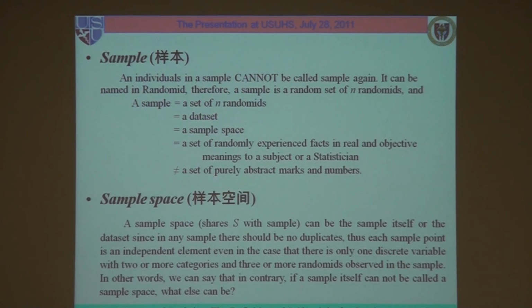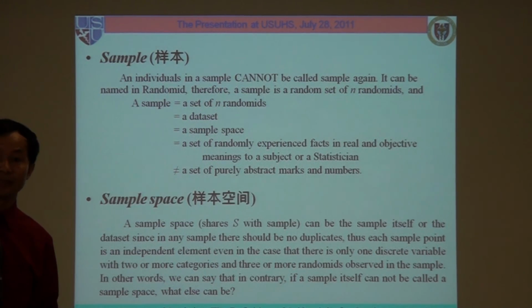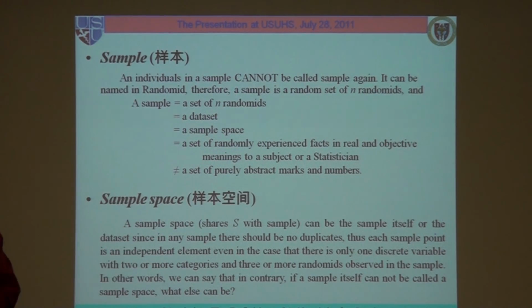That's different from mathematics. So a sample space is a sample itself. This is because we use a sample to define a space concept. So the sample space must be equal to the sample because they have the same attributes. If A is equal to B, then A and B must have the same attributes. That's philosophical.